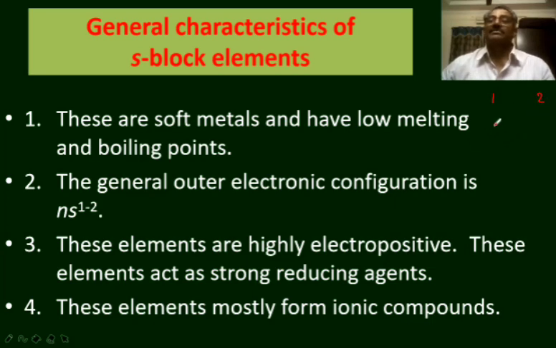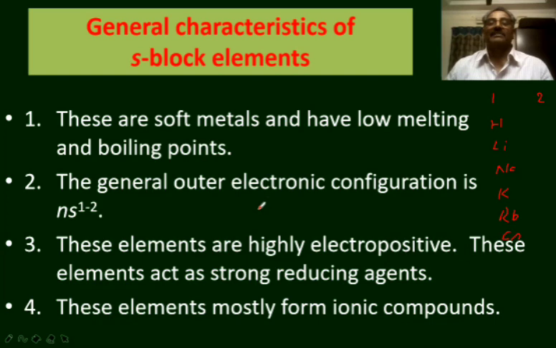The first group contains hydrogen, lithium, sodium, potassium, rubidium, and cesium. Except hydrogen, all the other elements are soft metals with low melting points and boiling points.